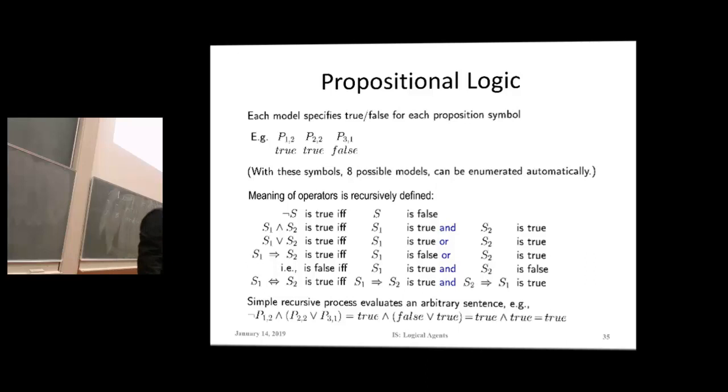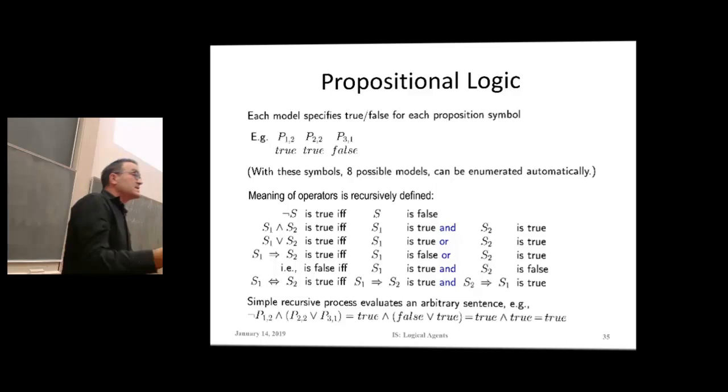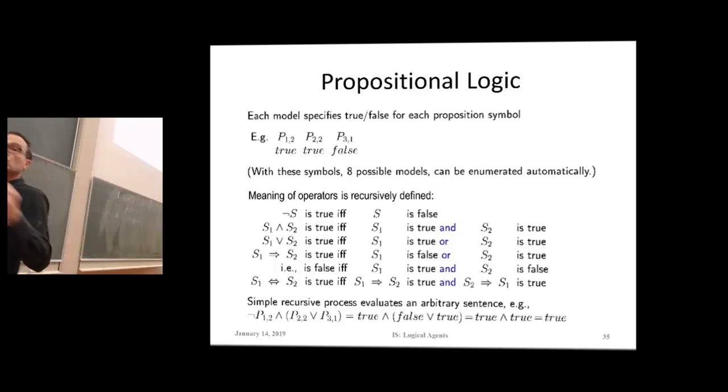P22 would be a pit in 2-2, or a P31 in this interpretation of the world would not have a pit in 3-1. So we have the propositional variables, and we interpret them in one way or the other. And then we extend this notion of truth and falsity for a more complex formula in an inductive way. So if S is false, then not S has to be true.